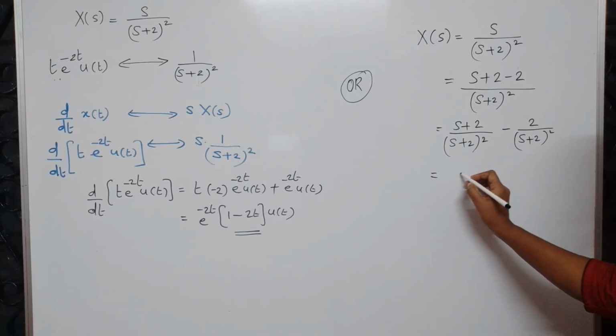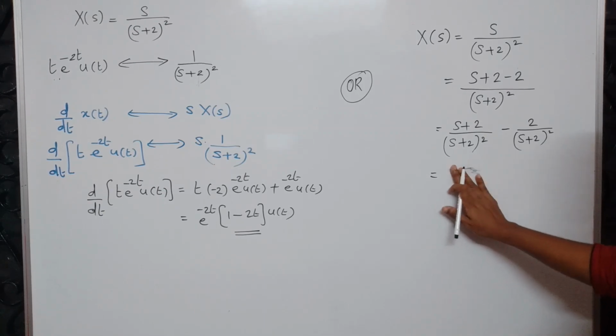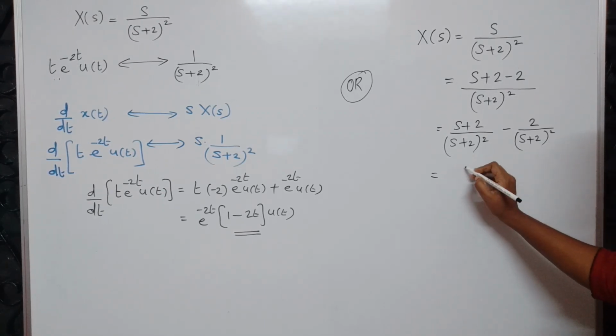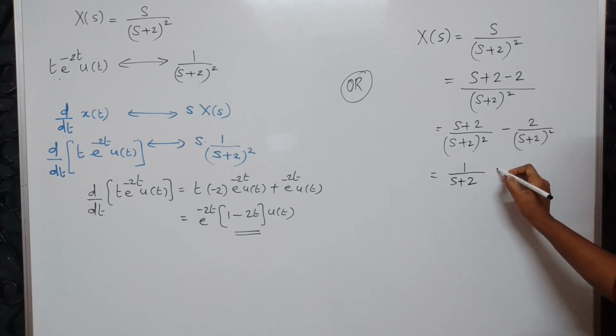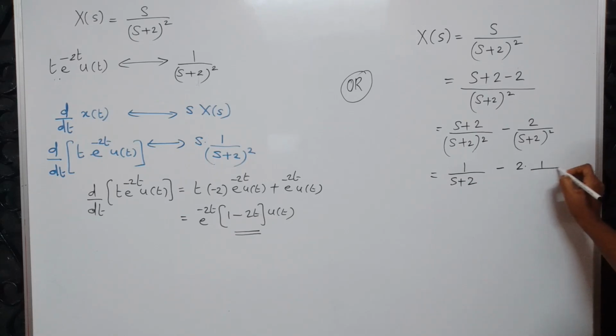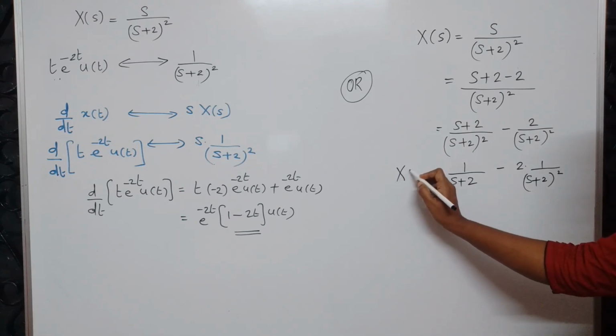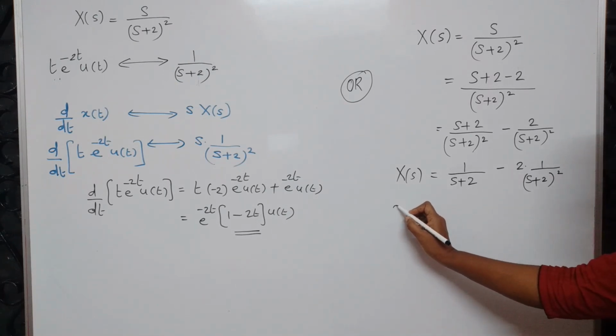And this is equal to 1 by (s plus 2) minus 2 into 1 by (s plus 2) the whole square. This is X of s. This is now in standard forms. We can directly write down the inverse.